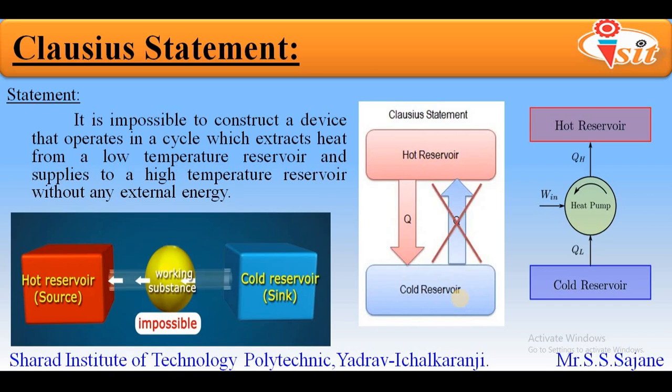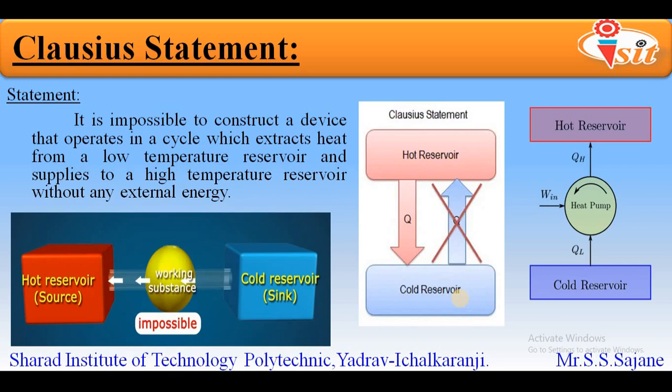After taking this input work in the form of electrical energy, the AC will extract the heat from that room, which is nothing but our cold reservoir, and it will transfer this heat to the outer atmosphere, which is nothing but the hot reservoir.